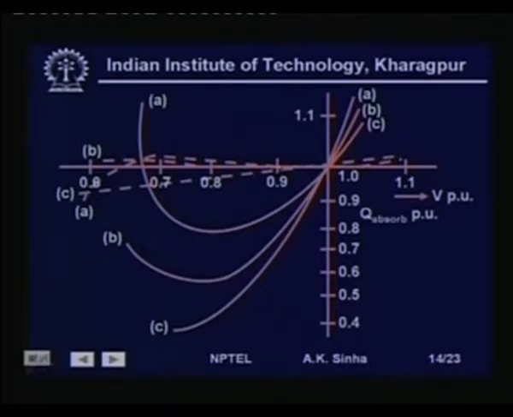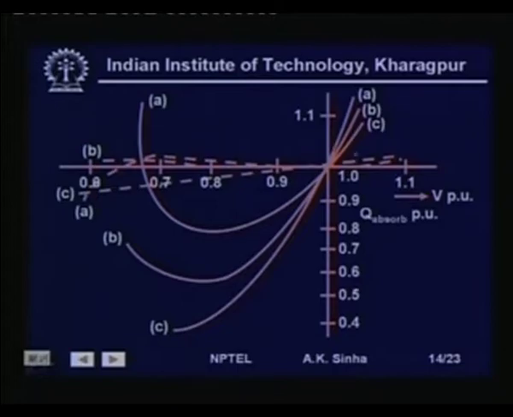Otherwise, this will be very near to 1 per unit, and at very low voltages it does rise a little bit and then falls off considerably. Of course, beyond 0.6 this is going to fall down and you will have a stalling of the machine.